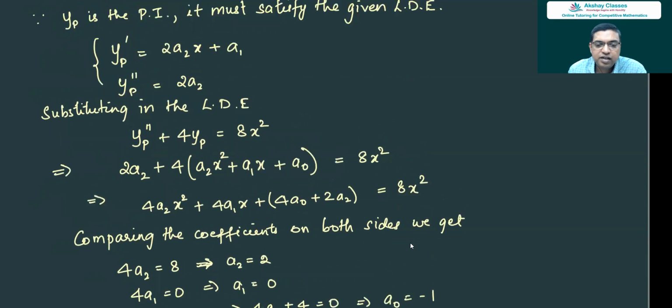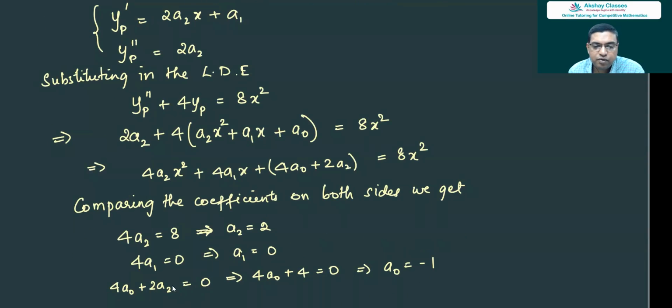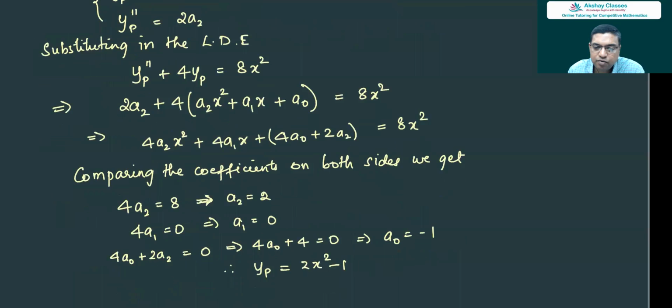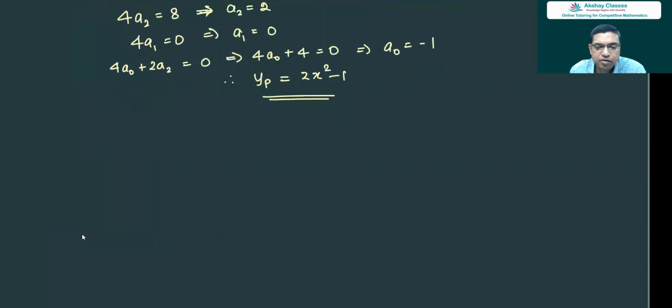So we found a0, a1, a2. Therefore, yp, this was our yp, a2x square, so a2 is 2x square plus 0x minus 1. So we have found the particular integral. A logical and simple method to find it by undetermined coefficients.